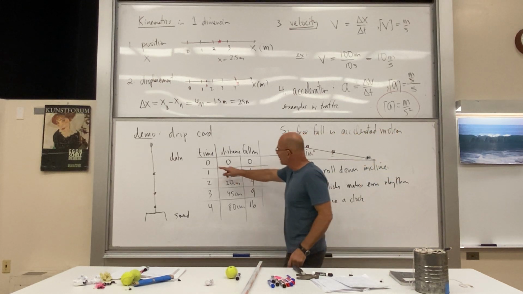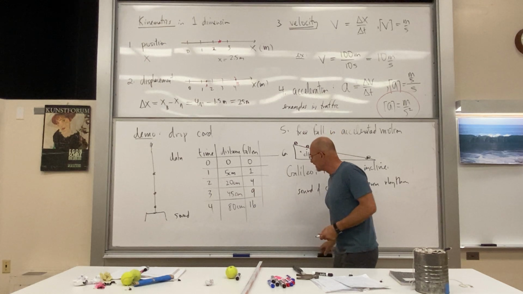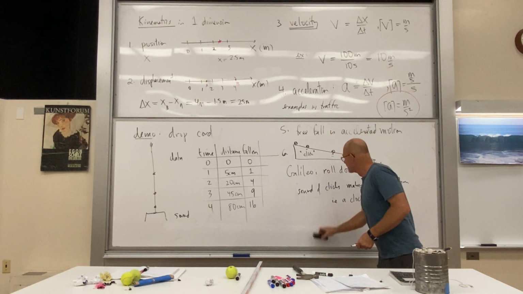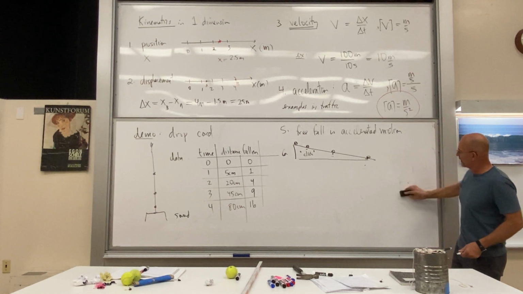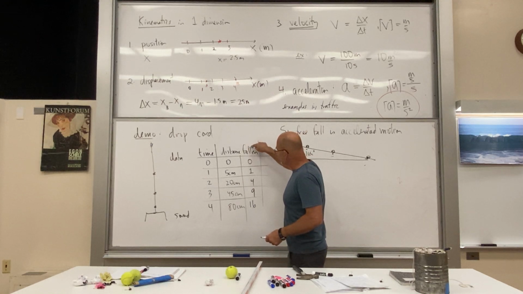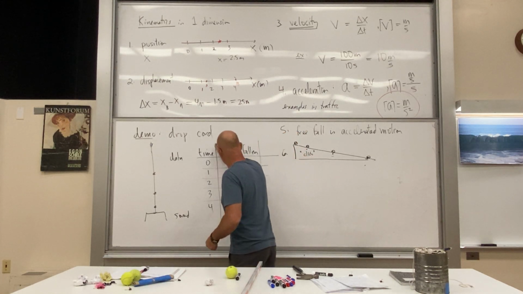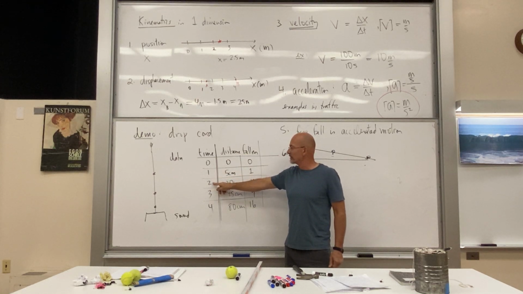Because this was an arbitrary unit of time, and this is a unit of length. And what do we see here? Let me go ahead and make a little room here. We can see that the distance fallen is like the square of the time, okay?